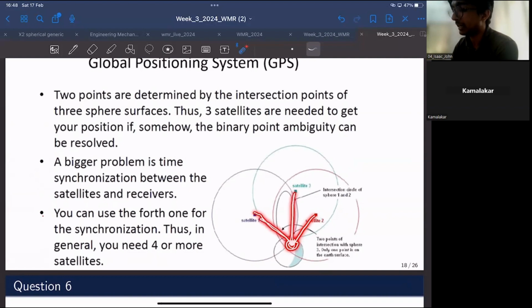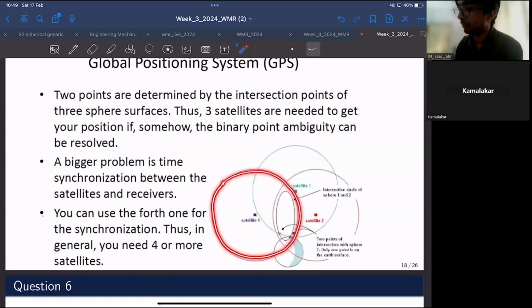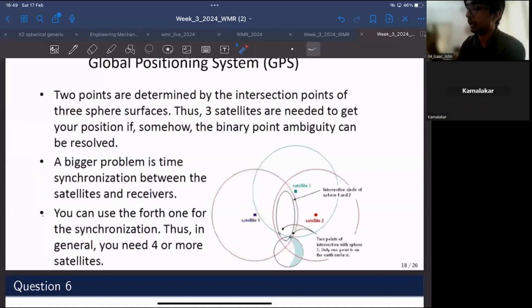Based on the time it takes for the receiver to receive them, it can determine the distance to each satellite. Right? It's nothing but the speed of sound multiplied by the time taken. So as far as this satellite is concerned, the position can be anywhere within this sphere, from the estimate of velocity and the time taken.